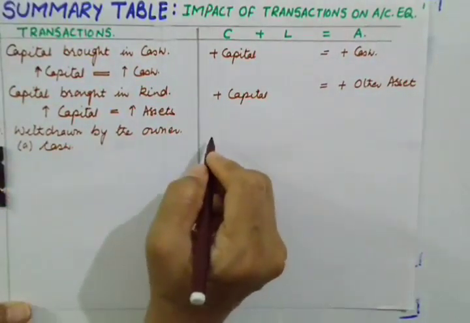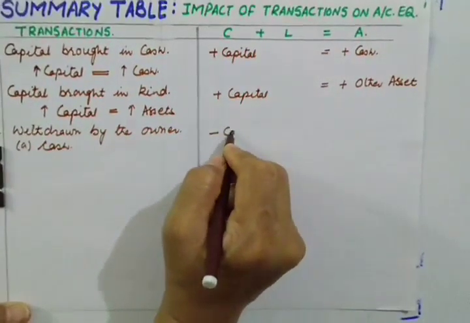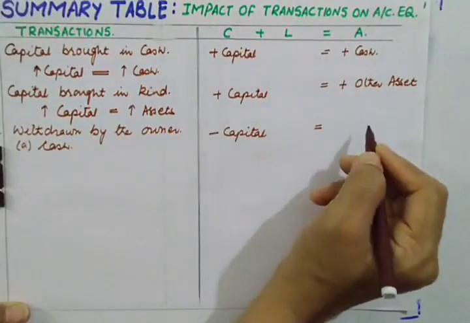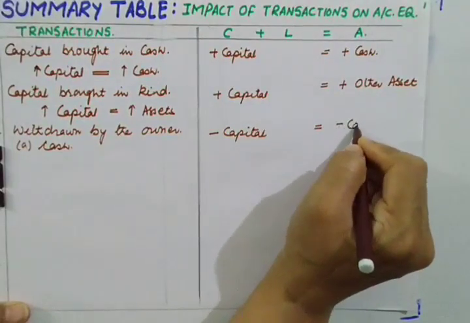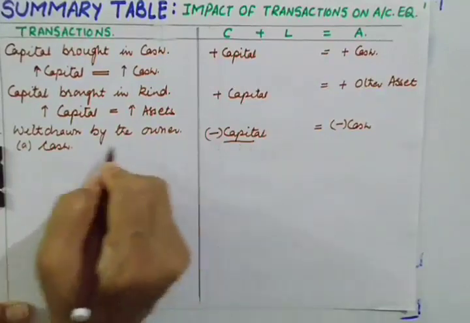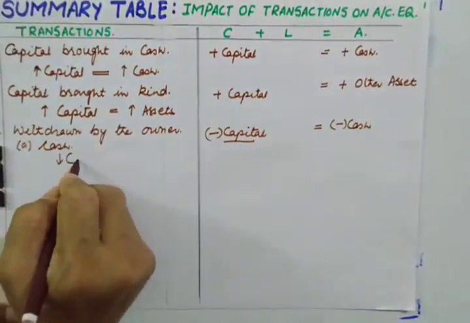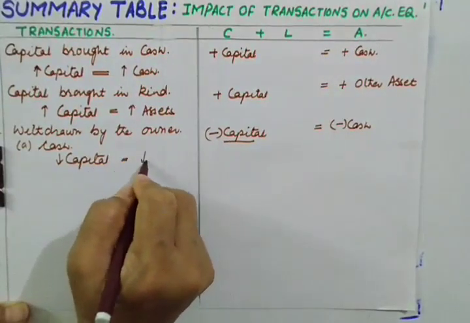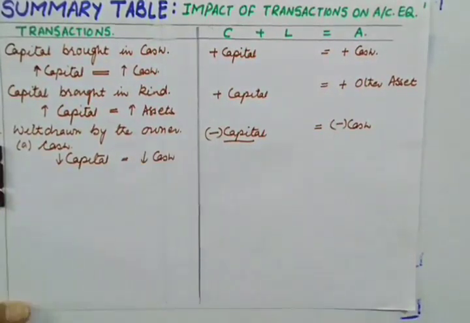What will happen if he is withdrawing in cash? This will reduce his capital, and on the other hand cash will also reduce. So capital reduces as well as cash reduces.